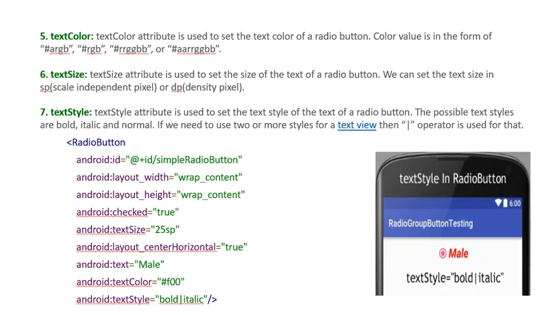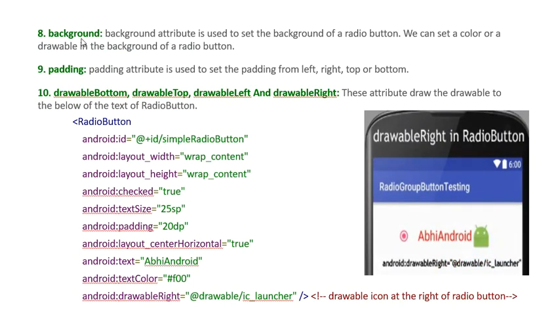And the background attribute is used to set up the background of the radio buttons, and we can set colors or drawables in the background of the radio buttons. And the padding attribute is used to set up paddings from the left, right, top, or bottom.